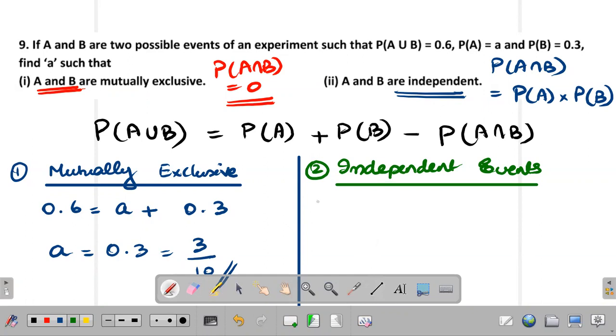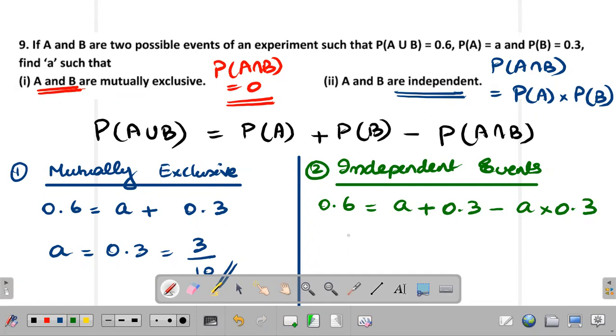Let us consider probability of A union B. It is 0.6, equal to probability that A happens plus probability that B happens minus probability that A and B happens. That is A into 0.3. Do you agree with me? So 0.6 is equal to A plus 0.3 minus A into 0.3.